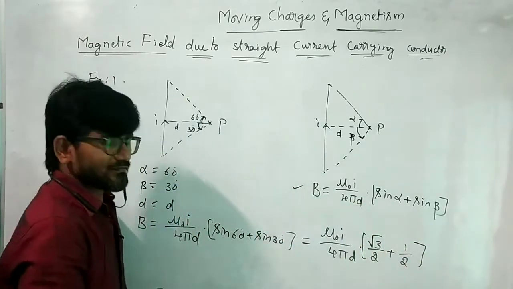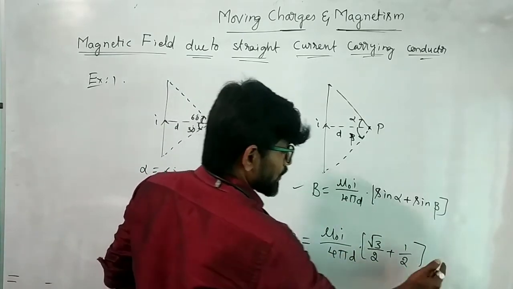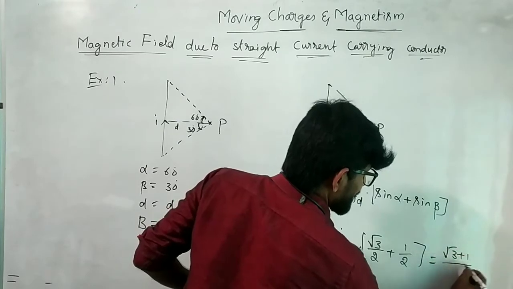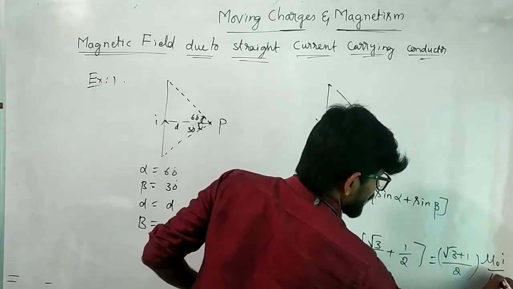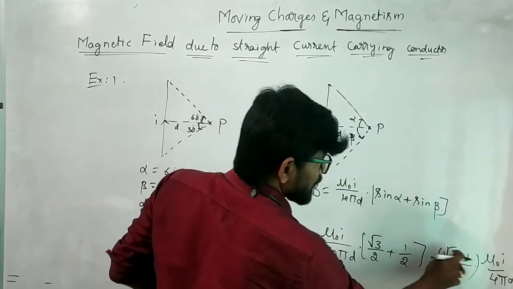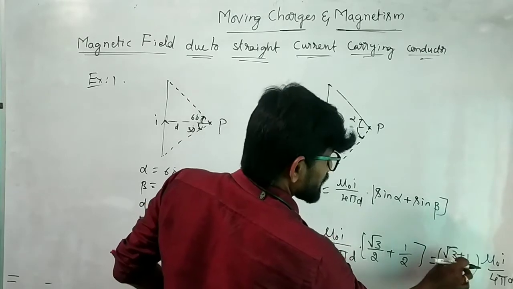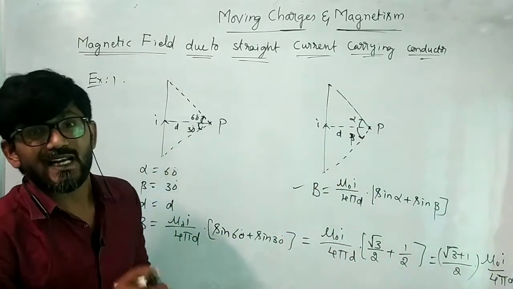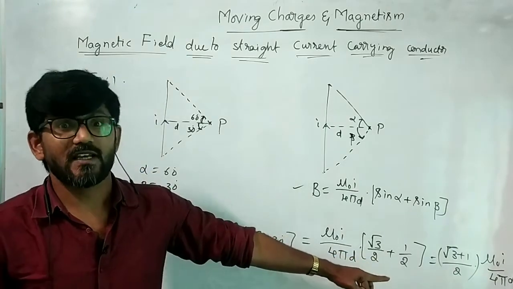As the denominators are common, simplifying further it becomes root 3 plus 1 by 2. So we can write this as root 3 plus 1 by 2 times mu naught I by 4 pi d, or root 3 plus 1 into mu naught I by 8 pi d; the root is only over the 3. Depending on the options, you have to rewrite the final answer.